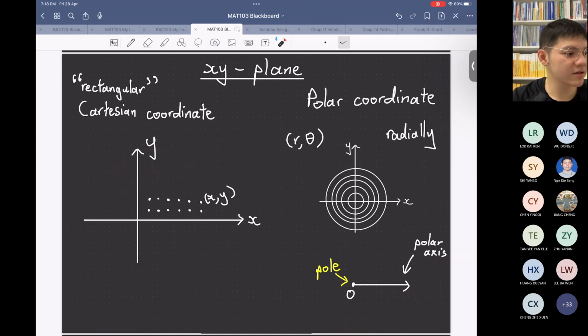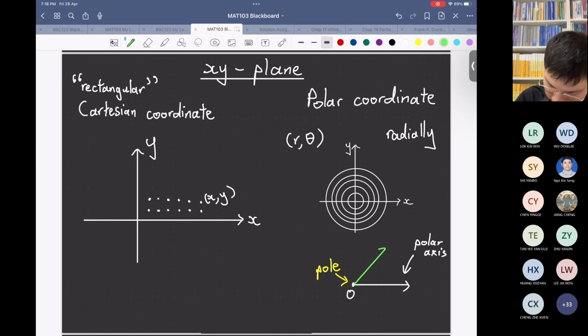Does it make sense that for every xy point, I can label it by a radius, the length from the origin, and the angle with the positive x-axis? So let's say we have this point here, xy.